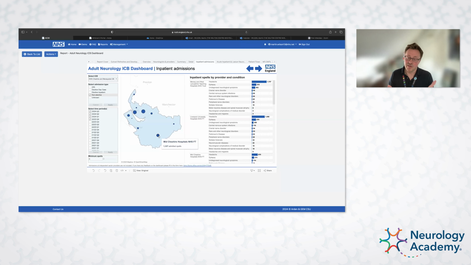But because we're looking at this on an ICB footprint, for the reasons we've discussed, these will show up on the data. So that sometimes makes things look unexpected if you're thinking about your normal patch, which we'll come on to a bit when we talk about flows.